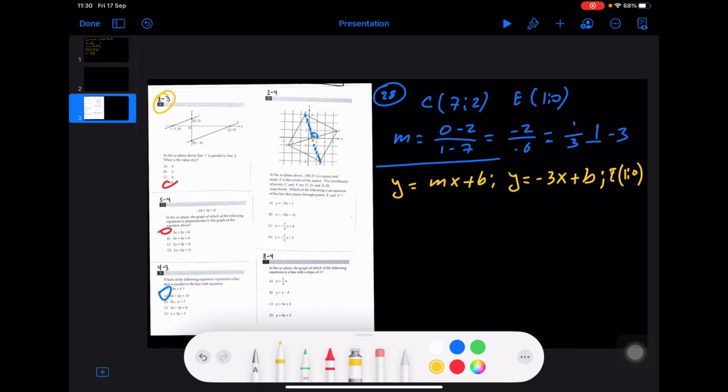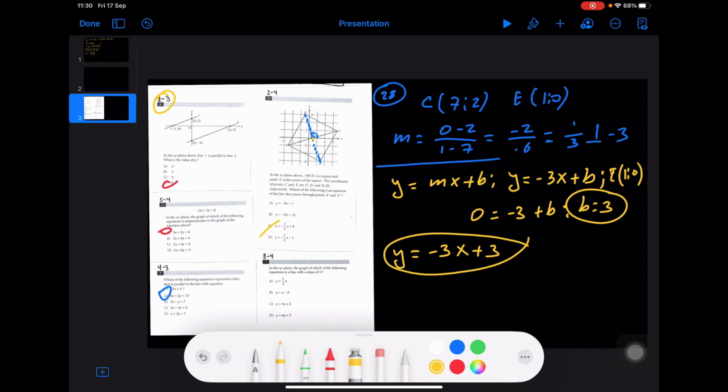I can substitute it here. It will be 0 equals negative 3 plus b, and b will be positive 3. And I can substitute it here, negative 3x plus 3. If I expand it, negative 3x plus 3. I get it. This one is B.